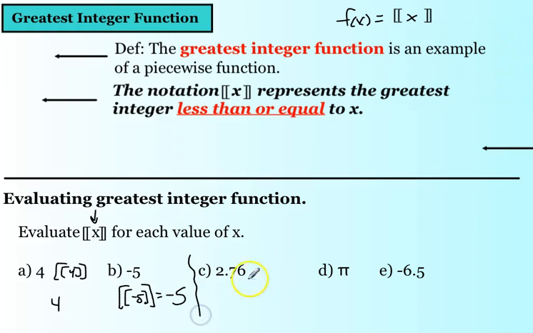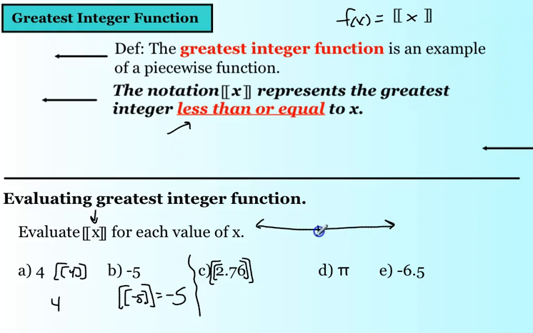That's easy. Now this is not an integer, this is a decimal, okay? So if I were to put this into the greatest integer function here, it represents the greatest integer less than or equal to it. So if I think of a number line, I think that's the easiest way to do this.